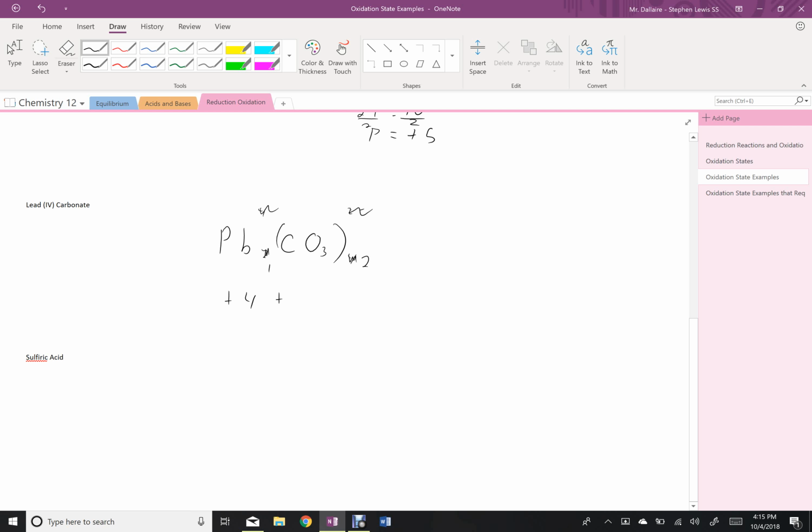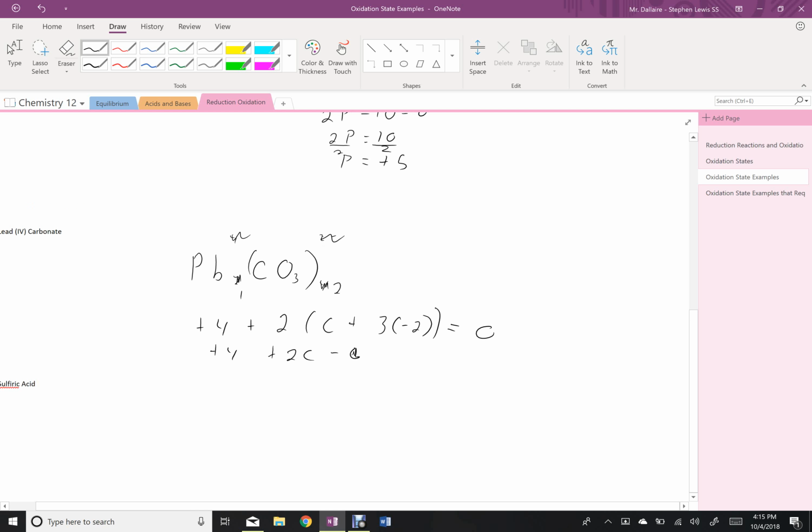Carbonate, there are 2 of them. Carbon's the tricky one near the staircase that we don't know. Oxygen is standard at minus 2. And because, again, this is written as a neutral compound, this would be adding to 0. So plus 4, plus 2 carbons, minus 6 times 2 is minus 12.